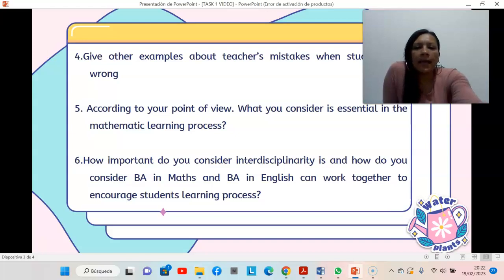But if a student is motivated to learn, even if she is not the best in the area, she will advance significantly in her mathematical competence.